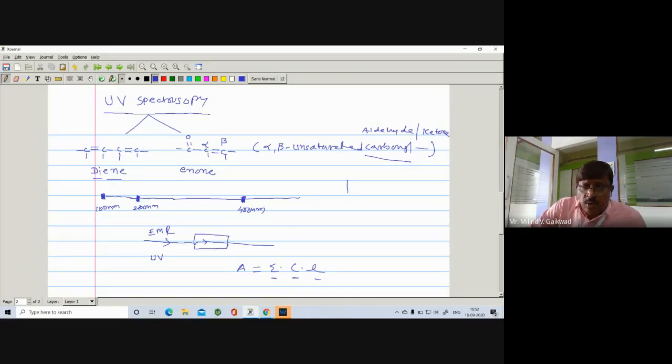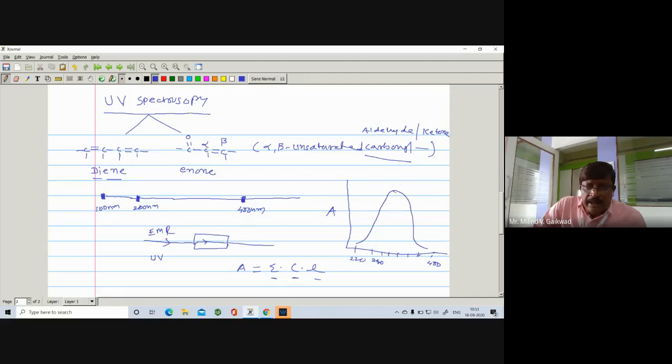So here we plot a graph, taking ultraviolet radiation wavelength on one axis, ranging from 200, 220, 240, up to 300, 400, or the instrument may even have a capacity of 1000. On the other axis is absorbance, and we draw a plot and get a spectrum like this.